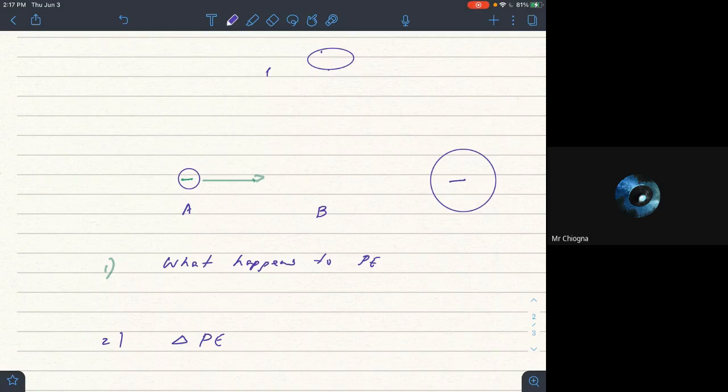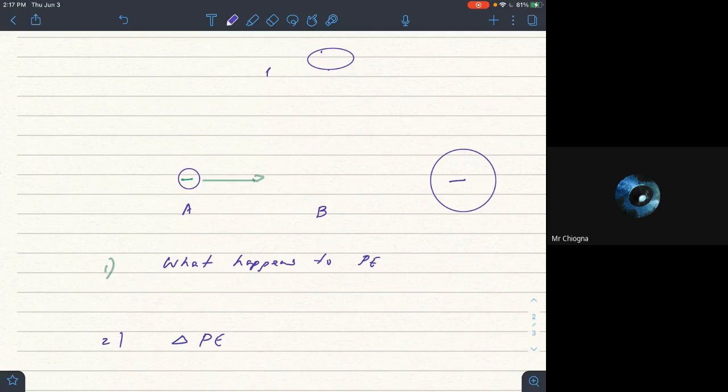Okay, so what happens to potential energy? How would you describe it? Yes, it increases.